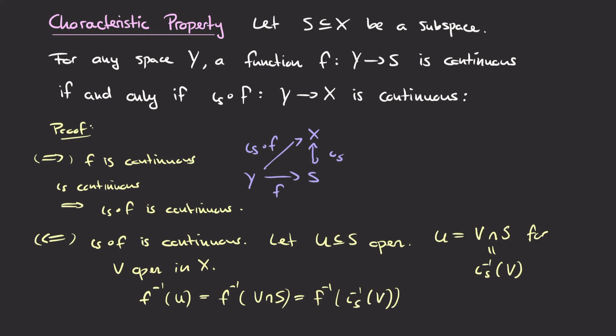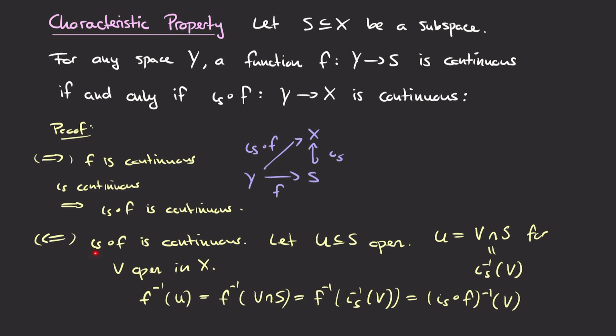On the other hand, if you iterate taking preimages, so if you first take the preimage under ι_S and then the preimage under f, this is the same thing as taking a preimage under ι_S after f of the set in question. This is something you can immediately check by just writing out the definition for both sets.